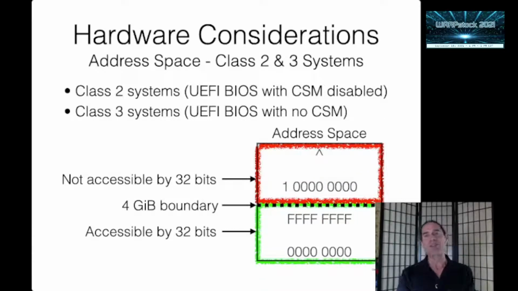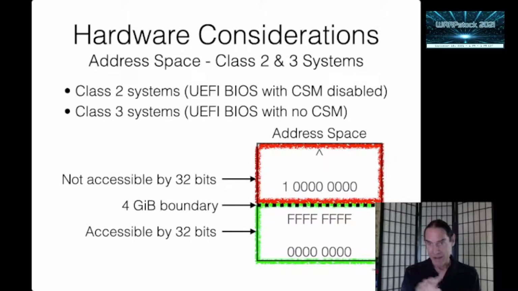Now, Class 3 systems, systems that have a UEFI BIOS without a CSM, have started moving more and more memory above that 4 GB line, leaving less and less RAM available for ArcaOS. These systems have also started putting some I/O devices above that 32-bit address line, making these devices unusable for ArcaOS.